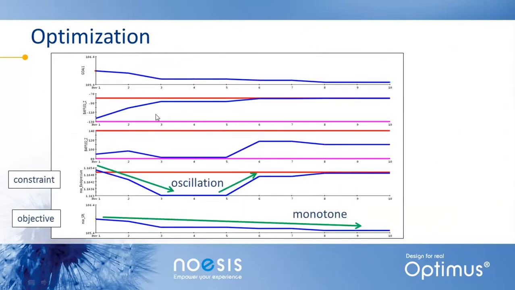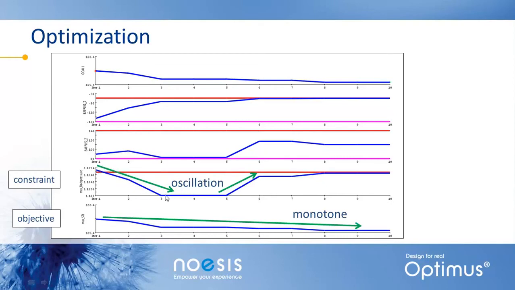This plot represents the progress of our optimization, where you can see that we have a monotone convergence. Our objective was to minimize the sound pressure levels, and you can see that they are going down monotonically. But there are some oscillations in the maximum back pressure. Initially we are above the constraint.